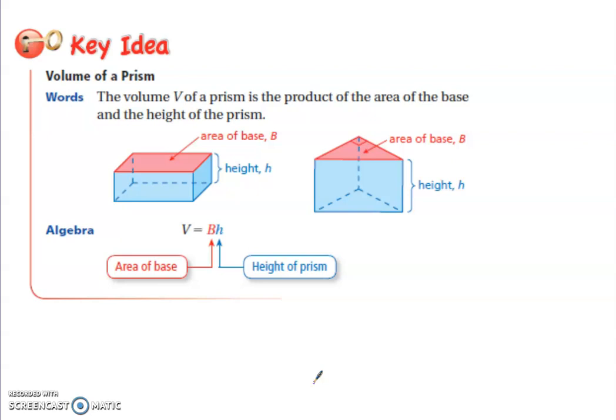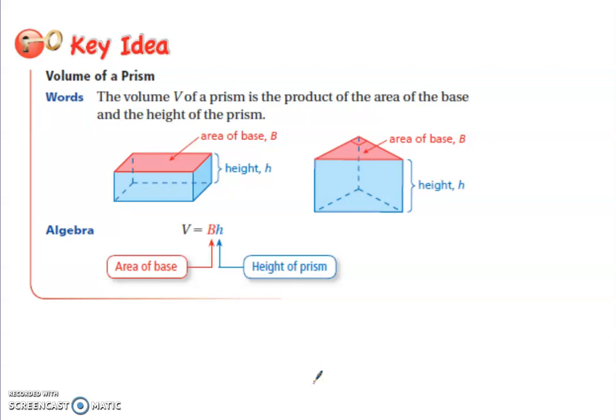The volume is different because the volume is calculating how much a shape holds. So if we were to have a glass container in the shape of a rectangular prism, how much water does it hold? How much of a liquid does it hold? That's what volume is, and that's how it's different from surface area.